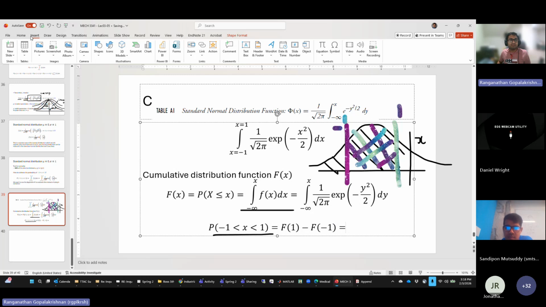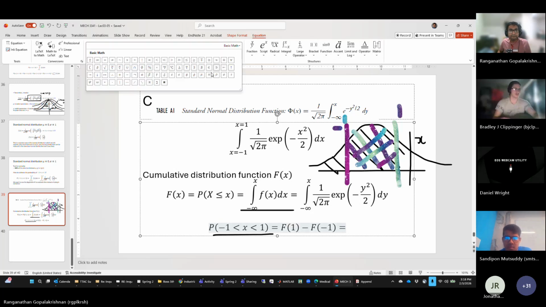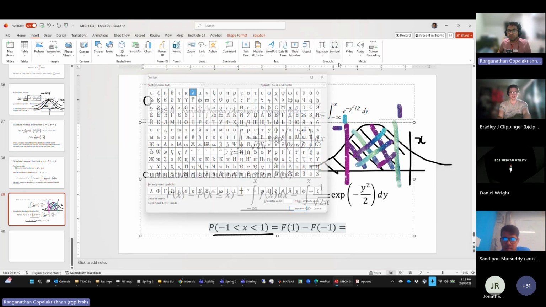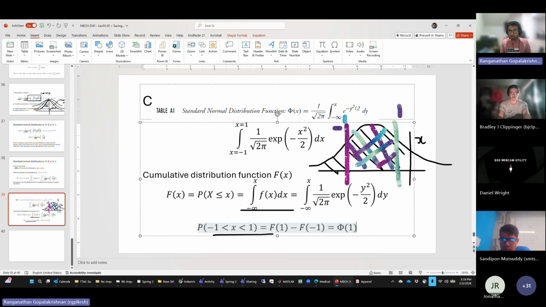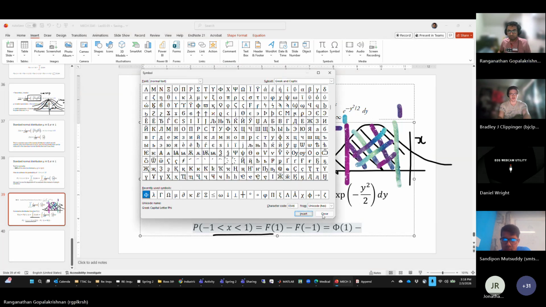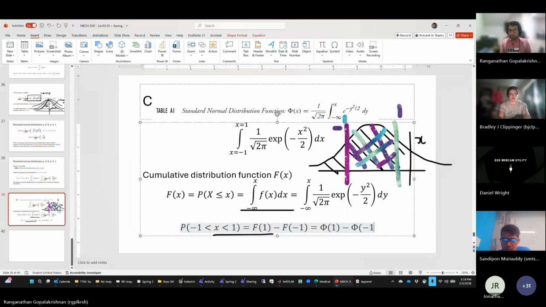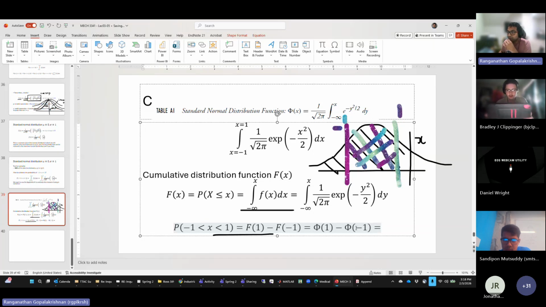So we can write this as phi of 1 minus phi of minus 1. So I just have to go back to the table, look up phi of 1 and phi of minus 1, put it in here, and I'll have my answer. Shall we do that?